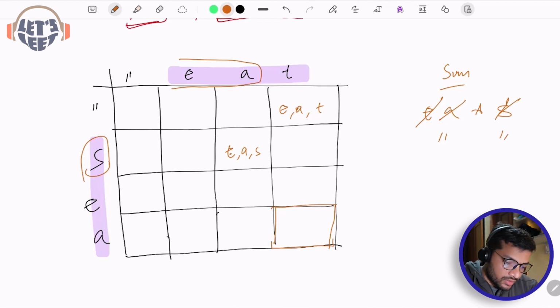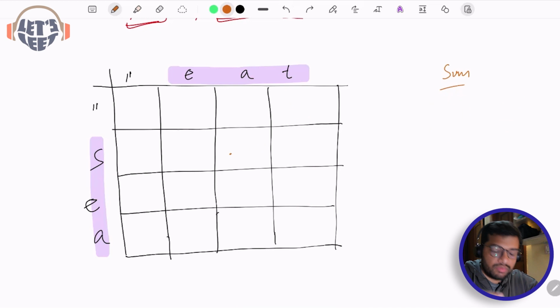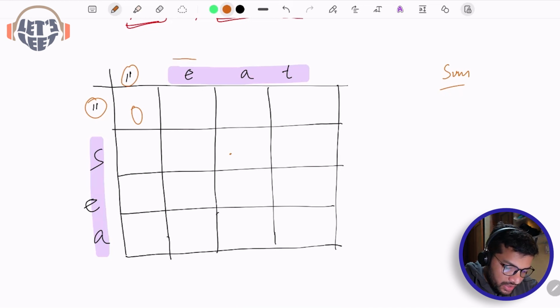In this way, this particular cell will give me my answer. Okay, so let me revert it back. We will start off with the first cell itself. Now in the first cell, we need to make blank and blank equal, so there will be no deletion. This will be 0. From the second cell, we need to make E and blank equal. We are still in the first row, so keep in mind this will be blank. We need to make E and blank equal.